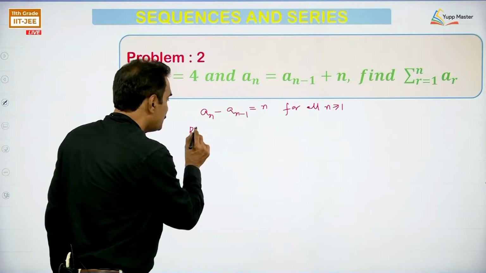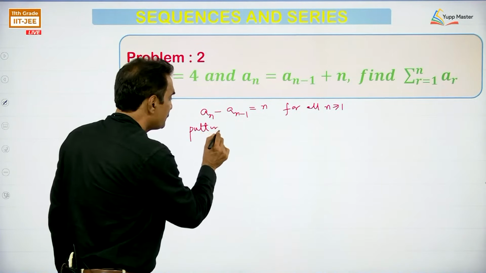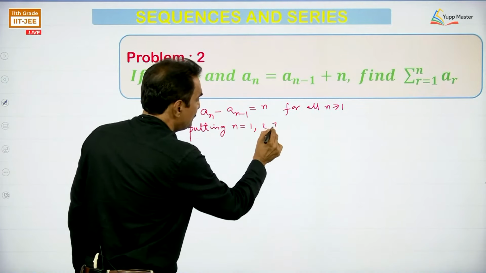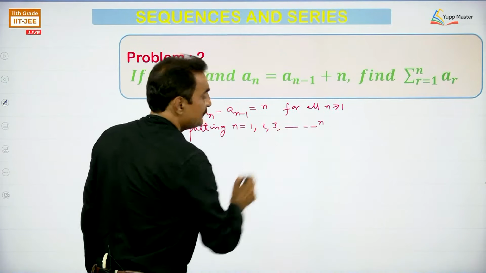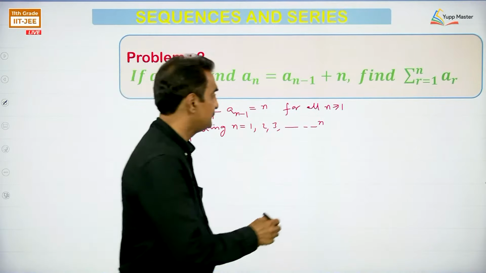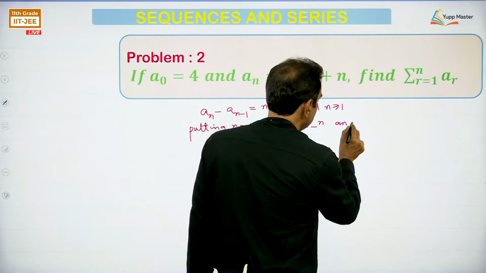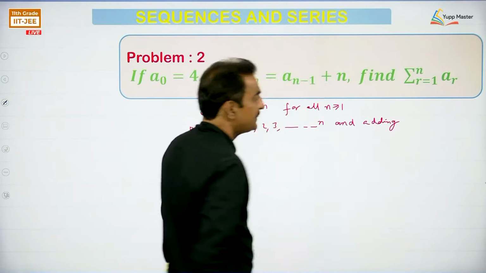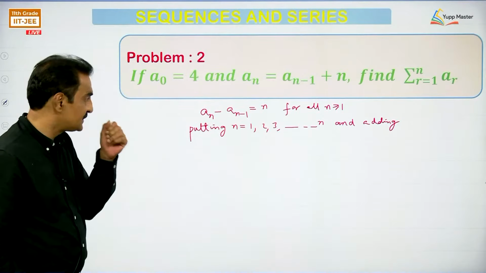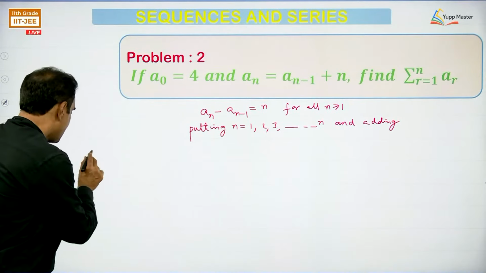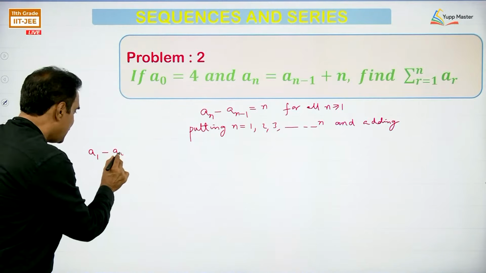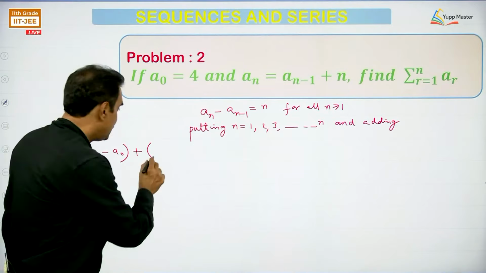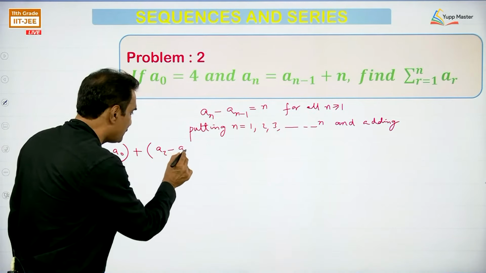Putting n is equal to 1, 2, 3 and so on till n and adding. What will be the LHS? Putting n is equal to 1, you will get a1 minus a0, plus putting n is equal to 2, you will get a2 minus a1.